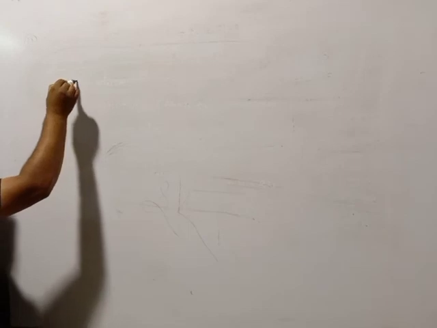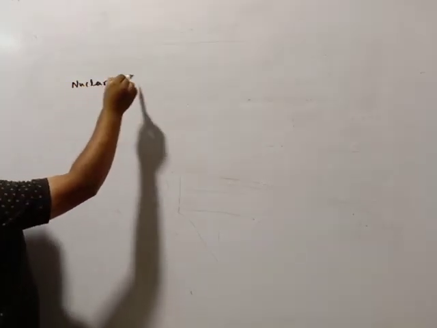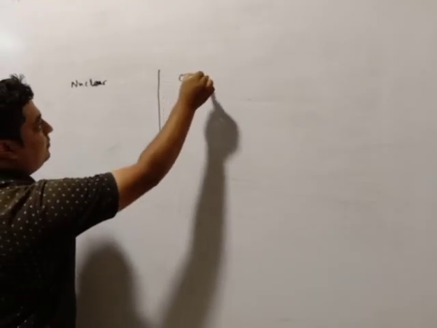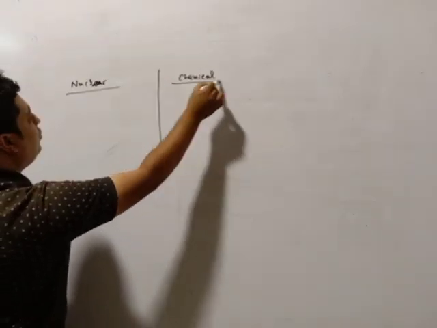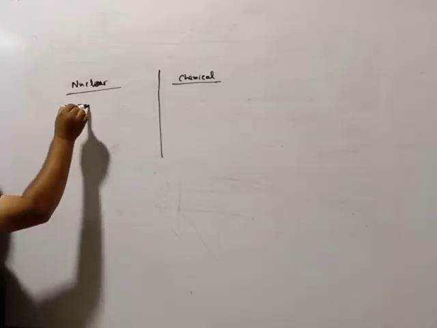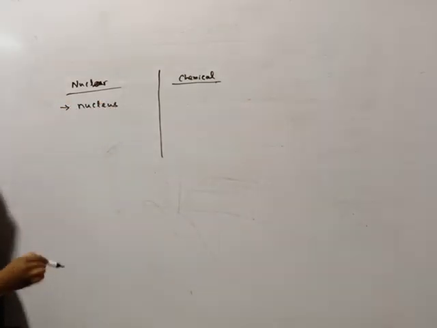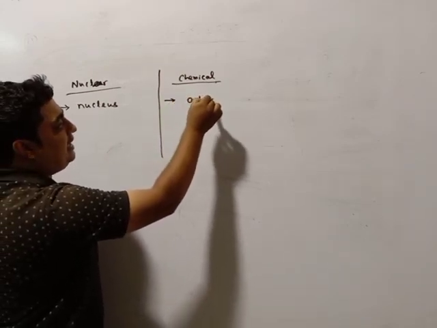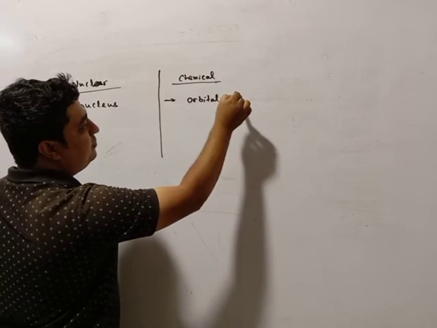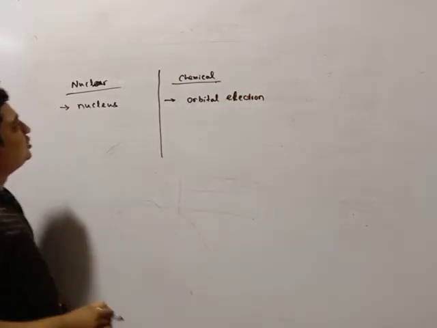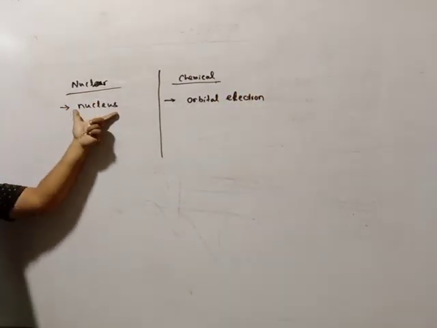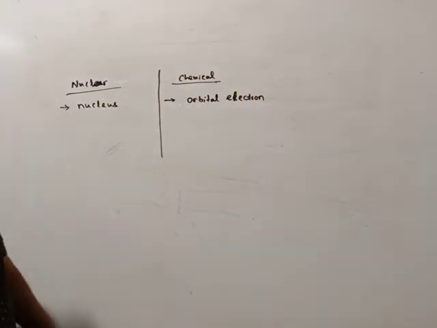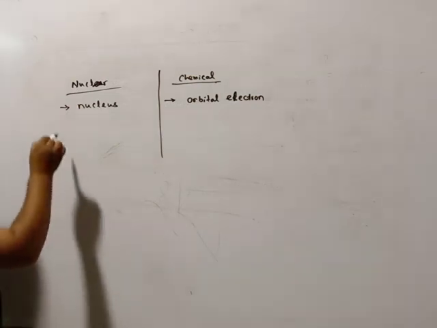Difference between nuclear reaction and chemical reaction. In nuclear reaction, the atomic nucleus is involved. In chemical reaction, orbital electrons are involved. So, nuclear reaction is due to involvement of the nucleus. Chemical reaction is due to involvement of orbital electrons.